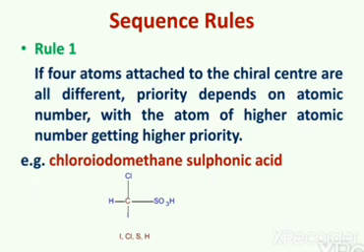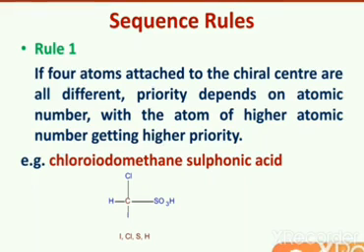Here the chiral center is attached to four different groups: iodine, chlorine, sulfonic acid, and hydrogen. Because of its higher atomic number, iodine gets the first priority. The next priority goes to chlorine, then to sulfur, and the least priority is for hydrogen.